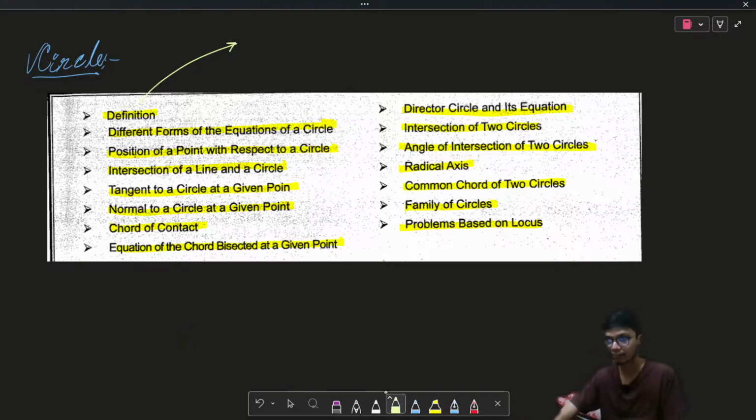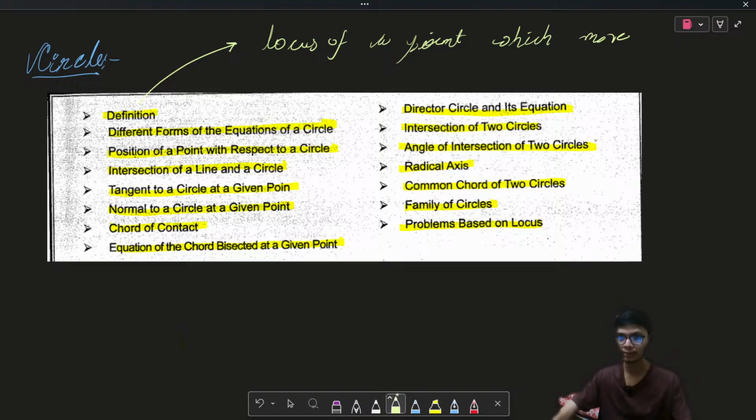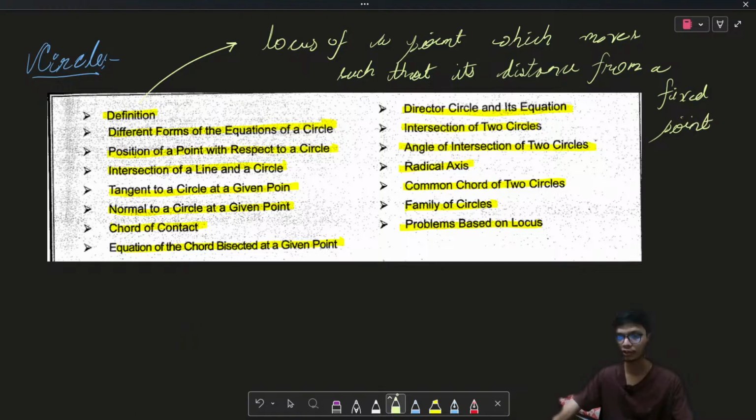A circle can be defined as the locus of a point which moves in a plane such that its distance from a fixed point, also called the center, is constant.